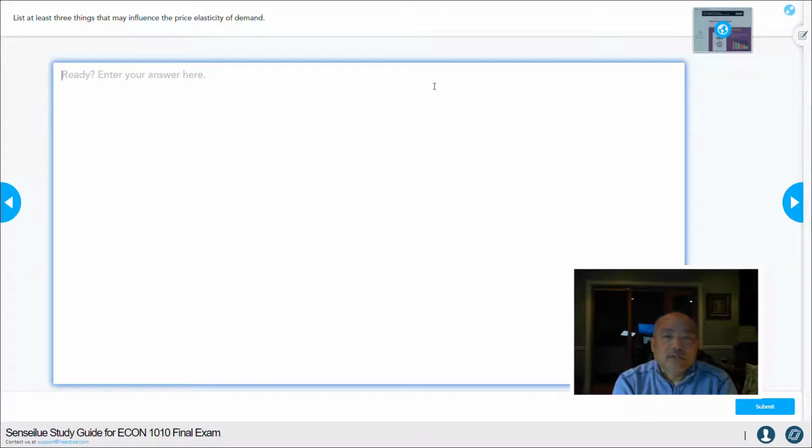So if a substitute good is created because of new technology, we can see price elasticity occur there. And then another option could be if you see some other externality, such as population changes and so forth, that can change the elasticity of demand.